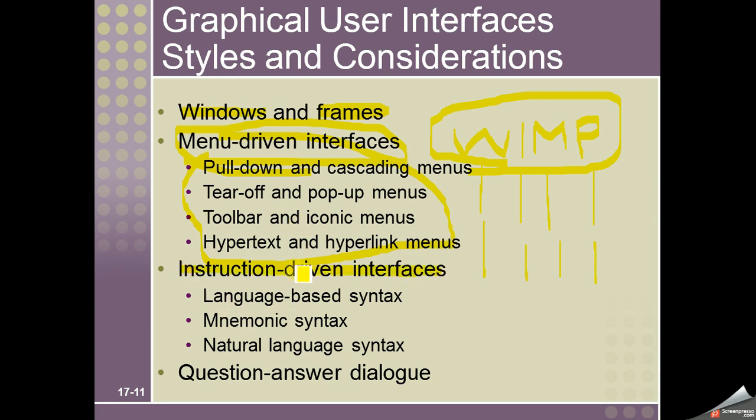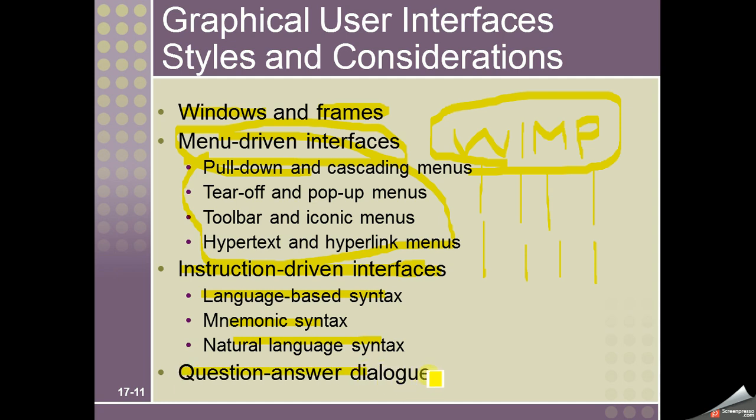Another type is instruction driven interfaces. So there are interfaces which are based on different forms of language. Like we have language based, we have mnemonic and natural language syntax. We'll talk about them inshallah in the coming slides. And another commonly used GUI style is question answer dialogue. These are a special kind of interfaces.